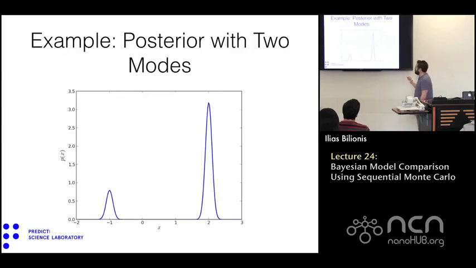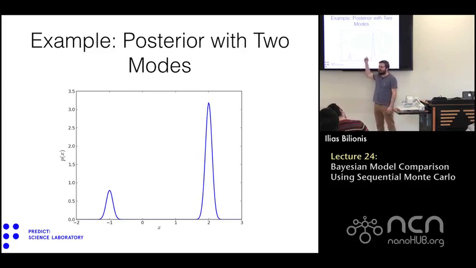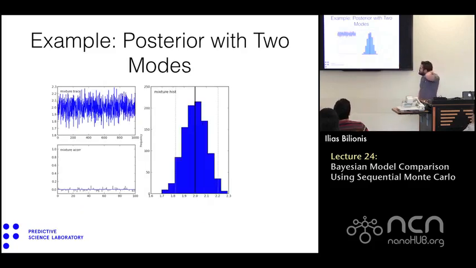I'll show you an example of a probability density with two peaks. So we have two peaks, this one and that one, and they're separated by a very low probability region. It's not 0, but it's very low. And here's what happens with MCMC.